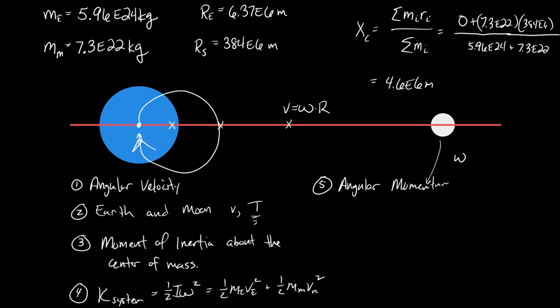But we still have a means of calculating the period. And you should, at this point, realize we could calculate the period and see if it's much different than what we already calculated. Agreed? So, what do you want to do here? Do you want to calculate the period of the Earth around the center of mass or the Moon around the center of mass?